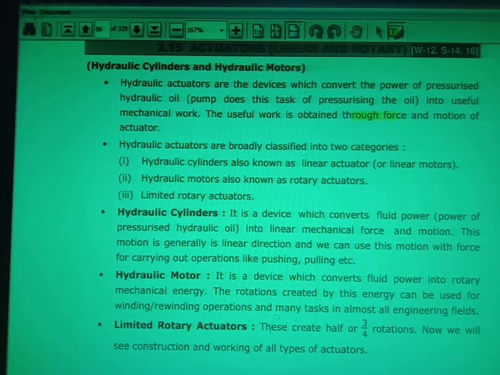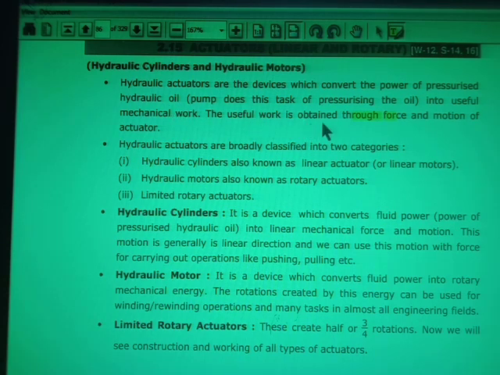Now when we talk about actuators, what exactly is an actuator? Hydraulic actuators are devices which convert the power of pressurized hydraulic oil. The pressurized hydraulic oil comes from the pump through the direction control valve and the flow control valve.